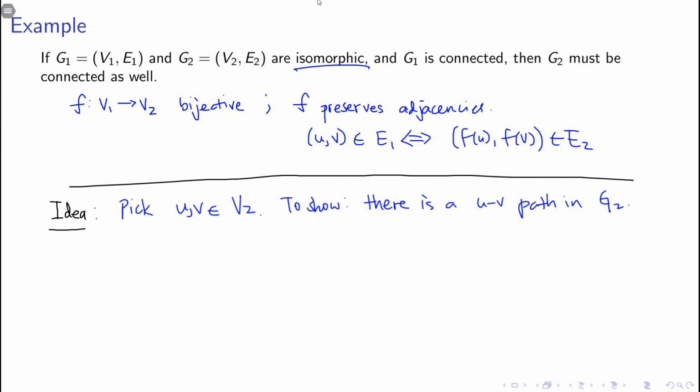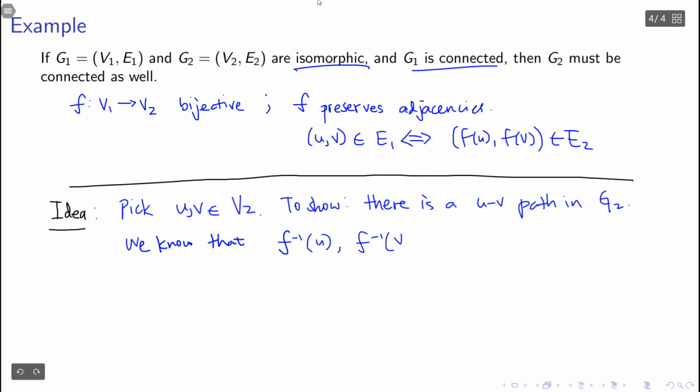What you have to do is go back to G1 and use the fact that G1 is connected. The bijection helps you do that. U and V are in V2. F helps you get two corresponding vertices: F inverse of U, F inverse of V. I can just say these are vertices of V1.